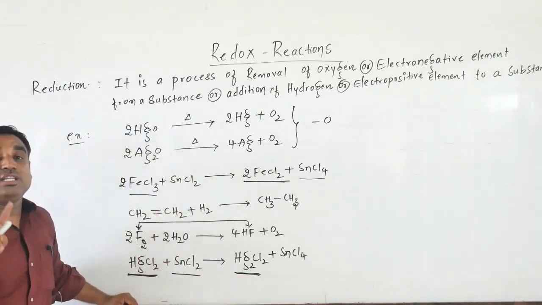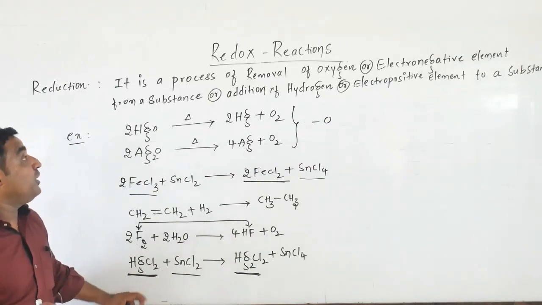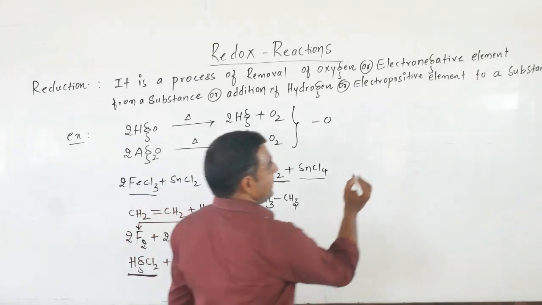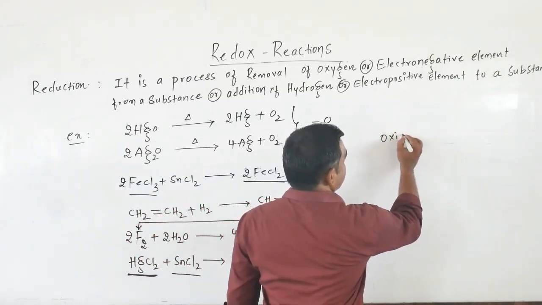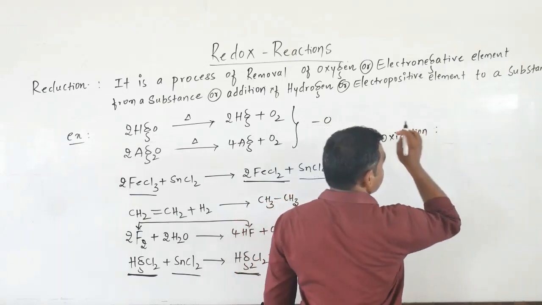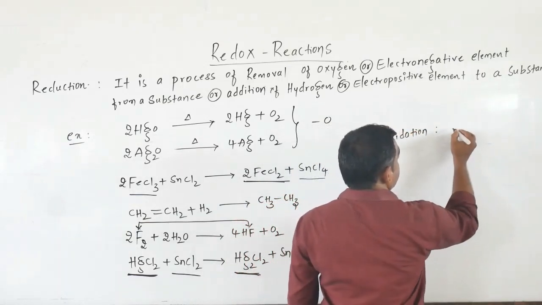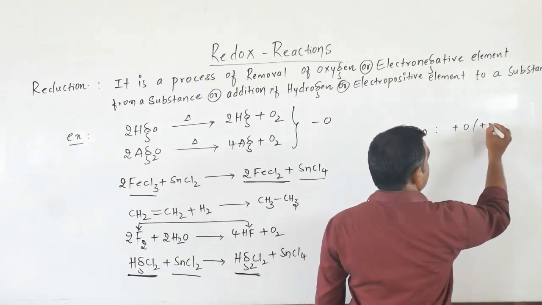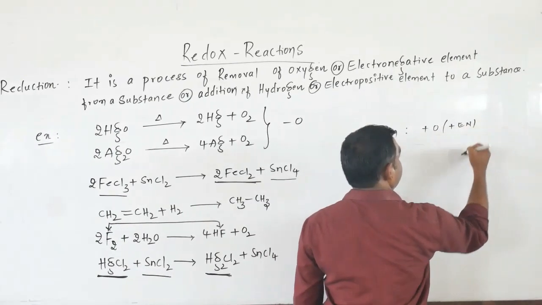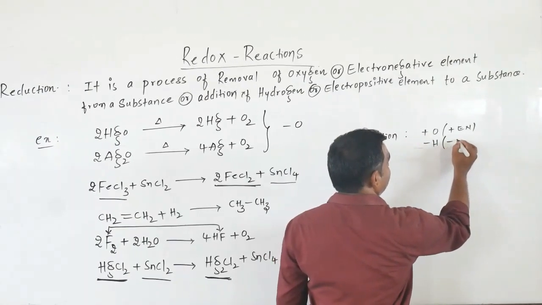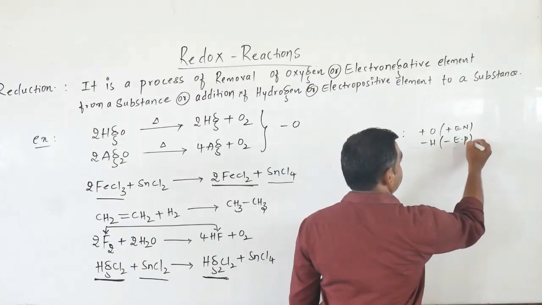So these two are the classical definitions of oxidation and reduction. Simply, oxidation means addition of oxygen, or addition of an electronegative element, and removal of hydrogen, or removal of an electropositive element.